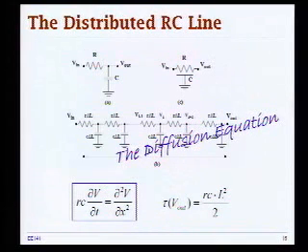And that's how we came to this distributed RC line type of model, where you have basically a very long wire sliced into very small pieces of delta L long, and then you have to define parameters such as resistance per unit length and capacitance of a wire per unit length.